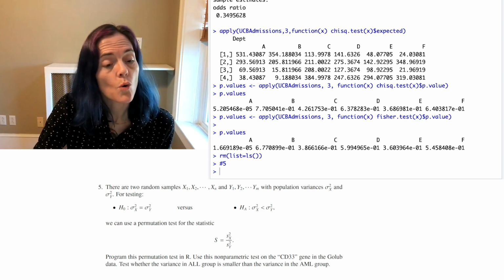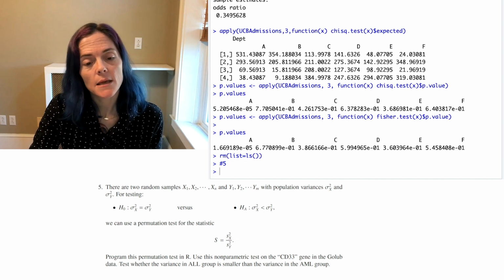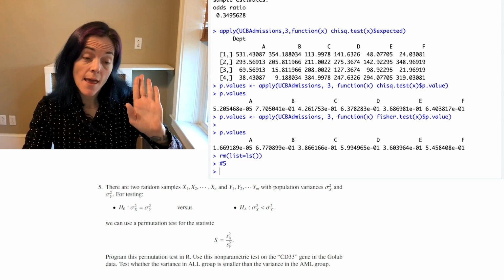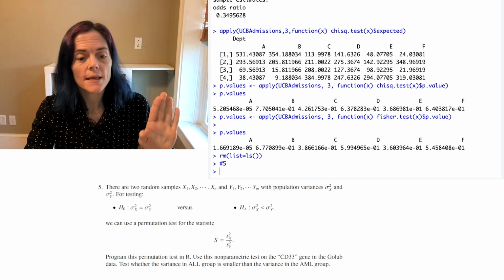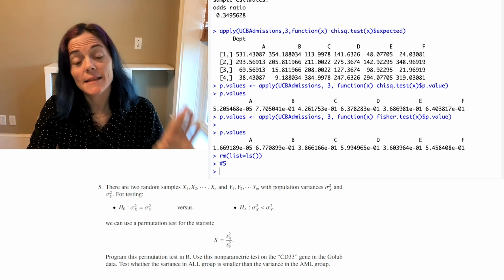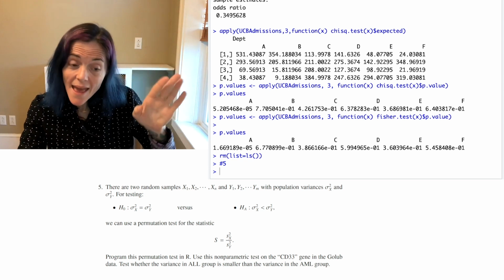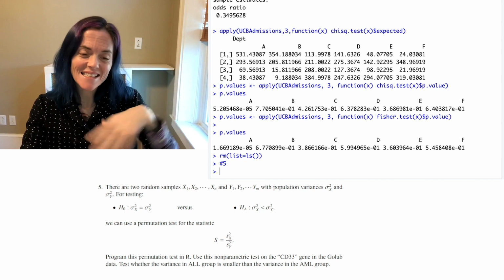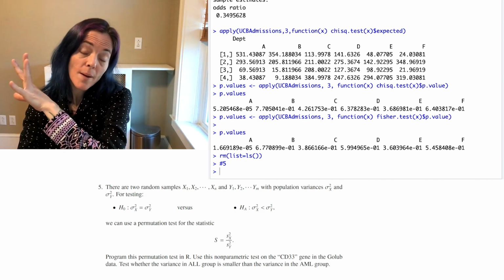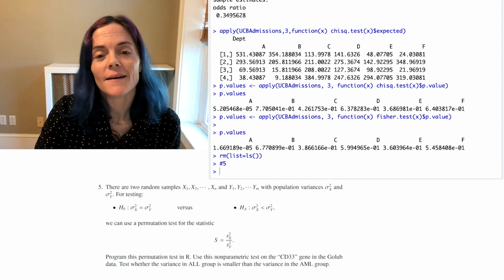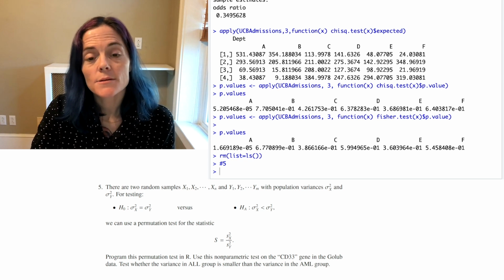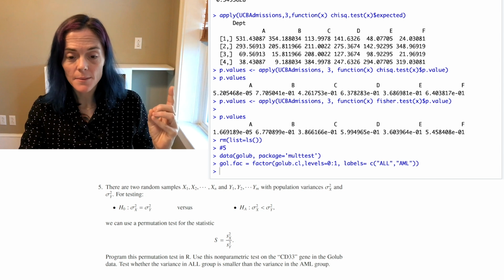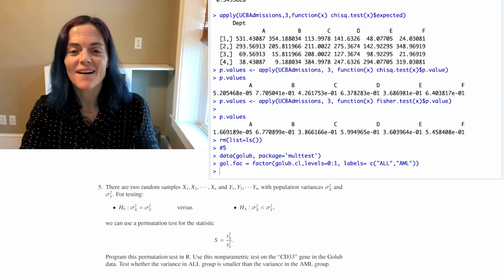Okay, so we want to look at the CD33 gene and see whether the variance in the ALL group is smaller than the variance in the AML group. So the ALL group will be my X, capital X, and AML from population capital Y. Let's get started. So as every time when we begin with Golub data, here are my first 2 lines.